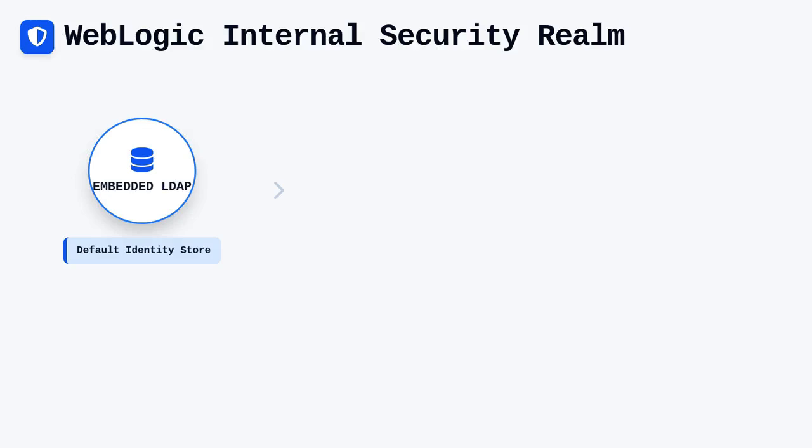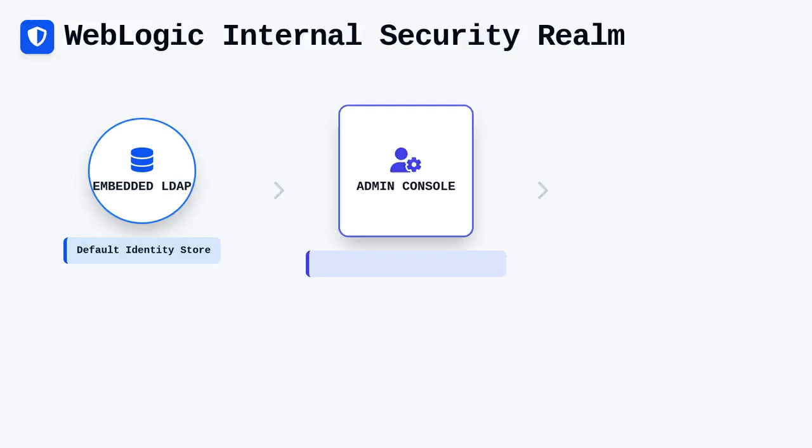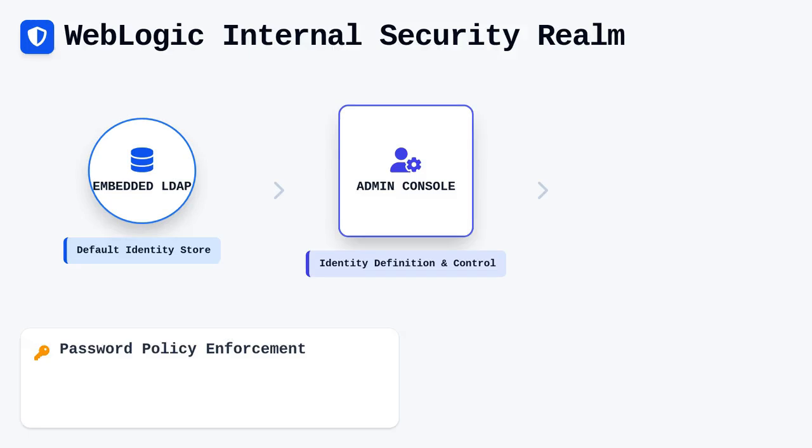Managing users and groups starts with the administrative console, where you define the identities that will interact with your secured resources. A security account consists of a username and a password, and the integrity of your environment depends heavily on enforcing strict password policies. You can configure these policies globally within the realm to dictate password length, complexity, and expiration intervals.